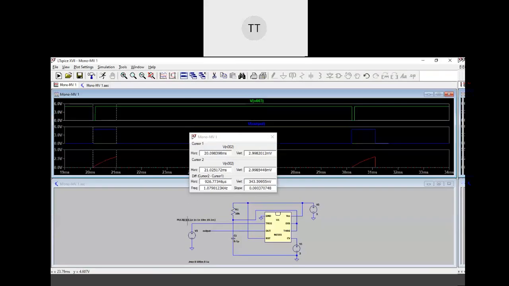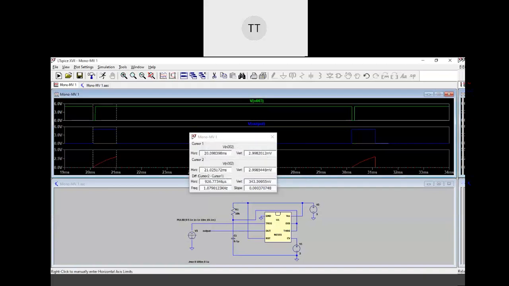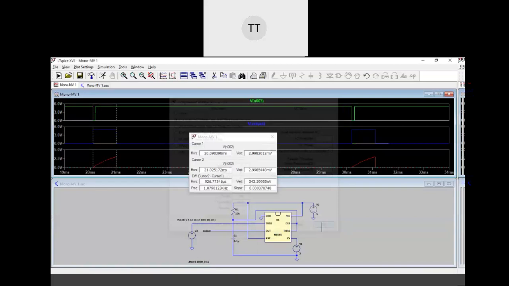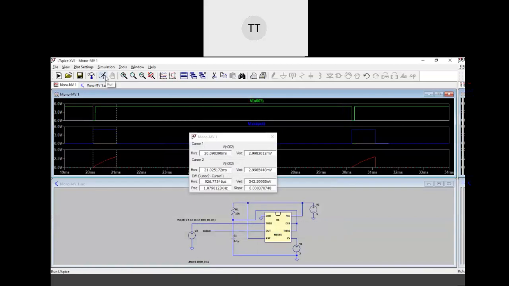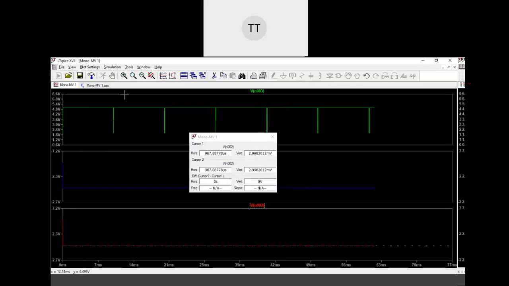I will change this initial voltage. Let me go back here and show you. V initial, I'll make it around 2 volt.